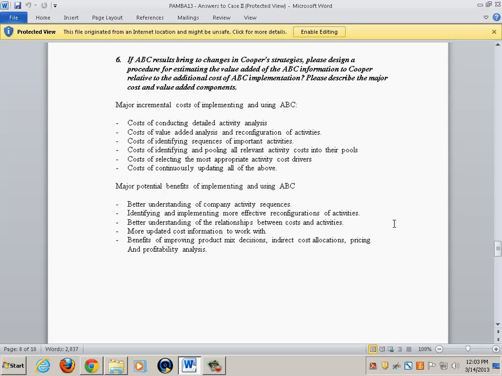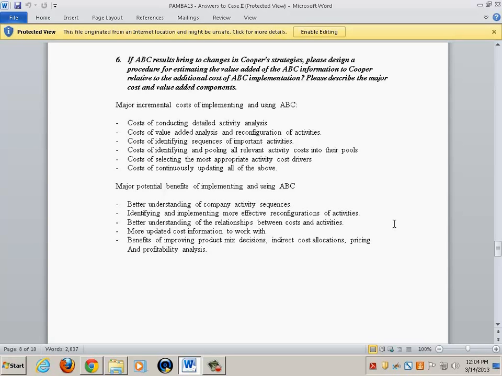On top of that, when you've gone through all this effort and incurred the cost of doing so, you also have to continuously update those analyses, all those figures and all those analyses, because technology is changing, operations are changing, and as the activities are changing, and as things change, you have to keep abreast of what is happening.